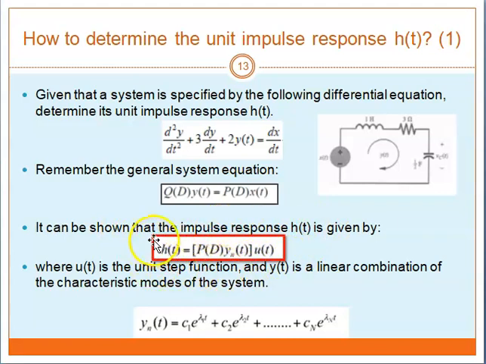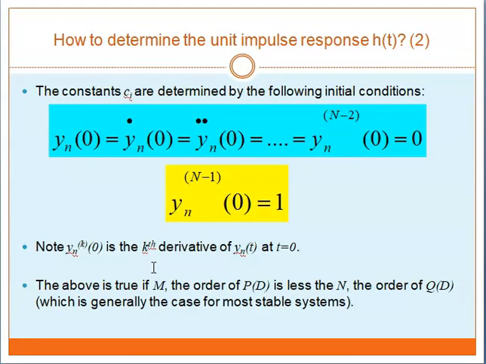So there is one extra step that you have to add in order to find out the unit impulse response. And then the constants Ci are determined by the following initial conditions. So you have to find out two initial conditions. The first one is when y0(0) is equal to 0, and then the other one is when the derivative of y0(0) is equal to 1.